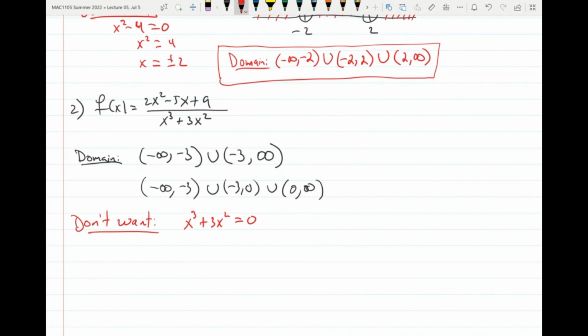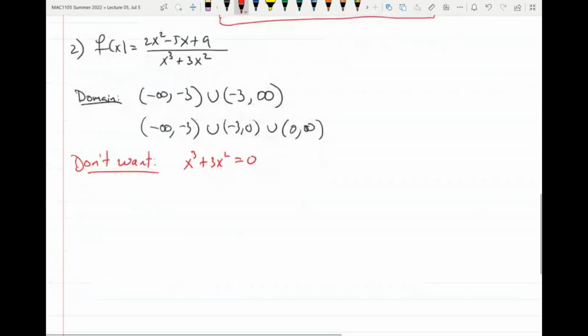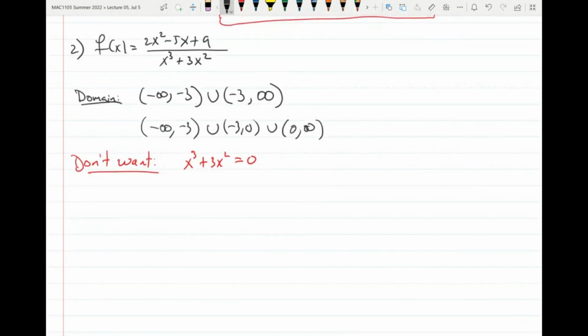Do you understand this? So now the focus is to solve this equation. Remember, when you solve a polynomial equation, the standard technique is to factor. This is a cubic, so there is no other way to do it. We can factor out an x squared, so we get x squared times (x plus 3). You have to be careful: there are two solutions here.